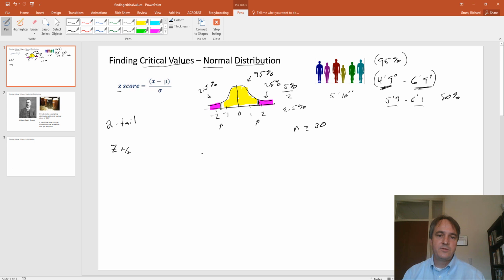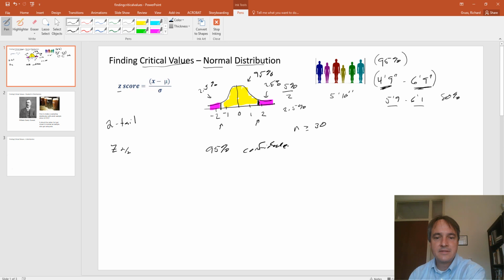When we get into hypothesis testing, we're going to talk more about what alpha means. But basically, if we are looking for 95% confidence, that's what we're doing when we say find 95% of people. We're finding a 95% confidence interval that will contain 95% of people.